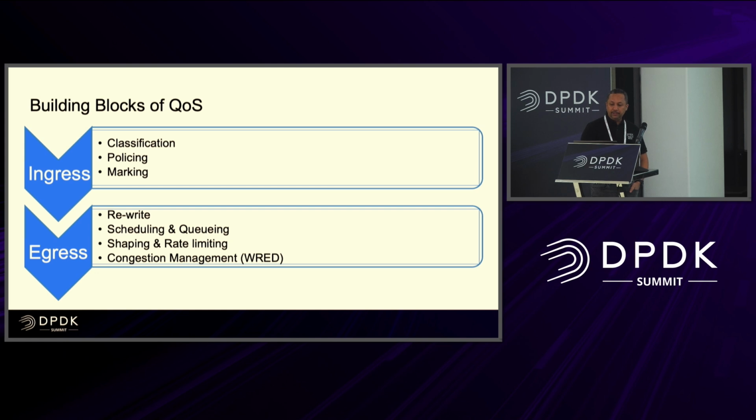Classification is basically the association of incoming traffic with a specific traffic class or forwarding class. This classification is very important because if you cannot classify the incoming traffic into voice, video, and different categories, you cannot act on it in the further QoS blocks like shaping and scheduling. Classification is the primary start for the QoS pipeline.